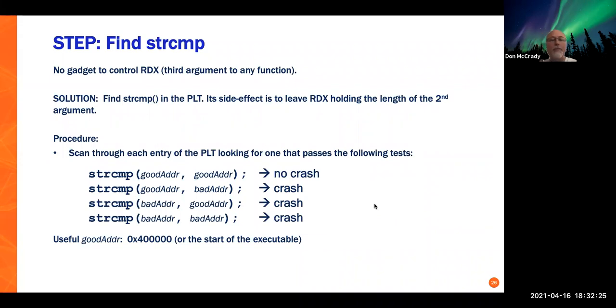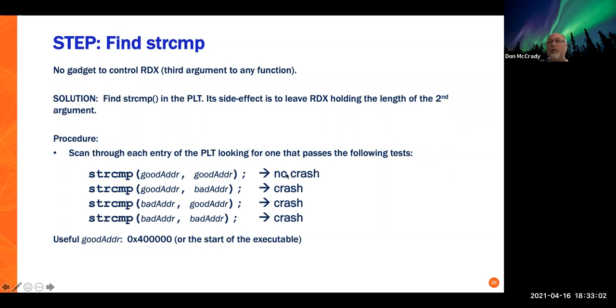So we're going to use strcmp to sort of control the third argument to any function that requires a third argument. Usually those are lengths. So again, as long as it's a non-zero length, then that's probably good enough for us. So how do you find strcmp? Well, you scan through each PLT trampoline stub and you call whatever address this is, and you pass. Now that we control the first two arguments, we can pass two good addresses or one or both as bad addresses.